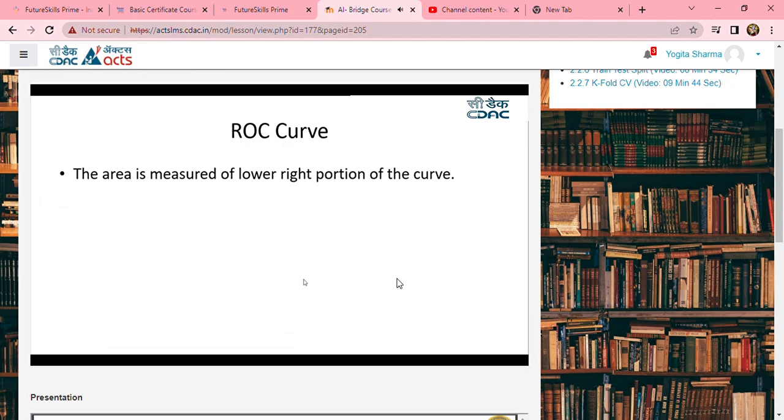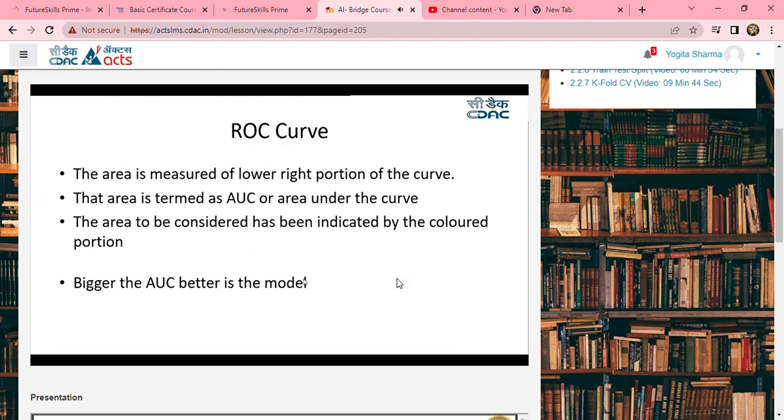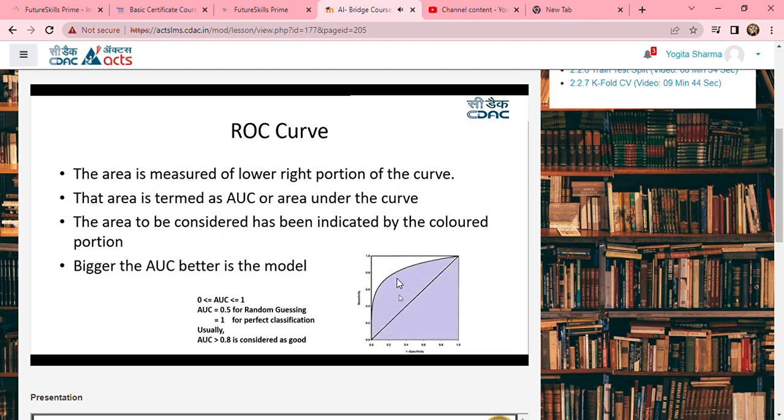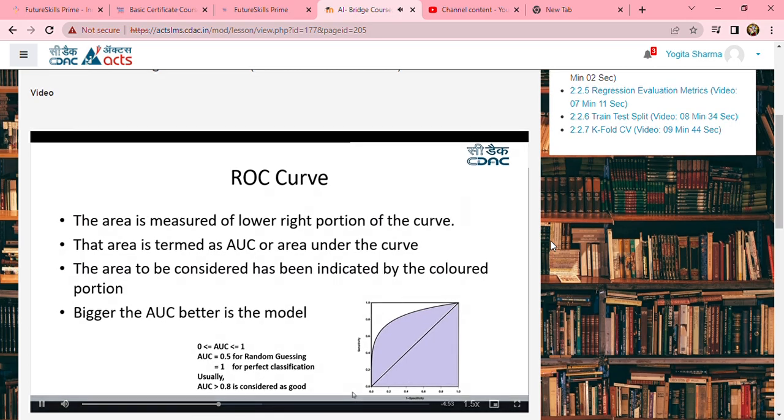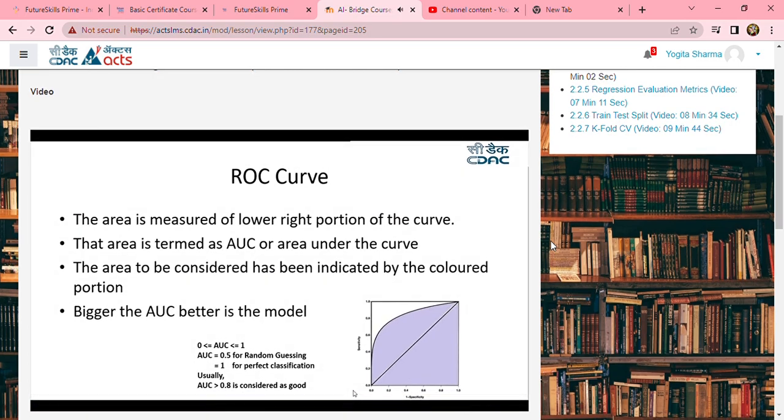Hence, we have a curve and we calculate the area under the curve, with 1 minus specificity as the x-axis and sensitivity as the y-axis. In the ideal case, when the outcomes are perfect, the area under the curve will be 1.